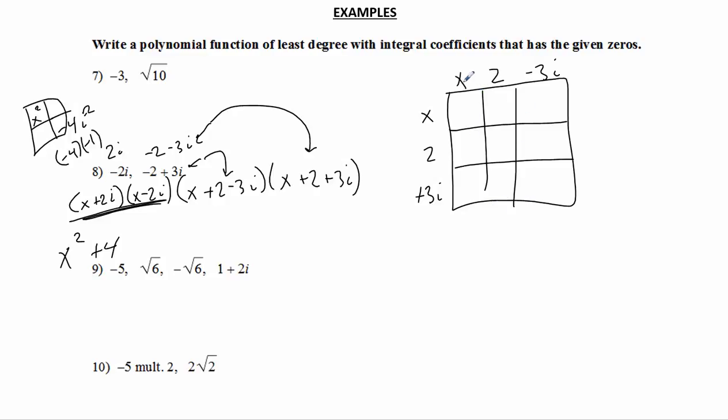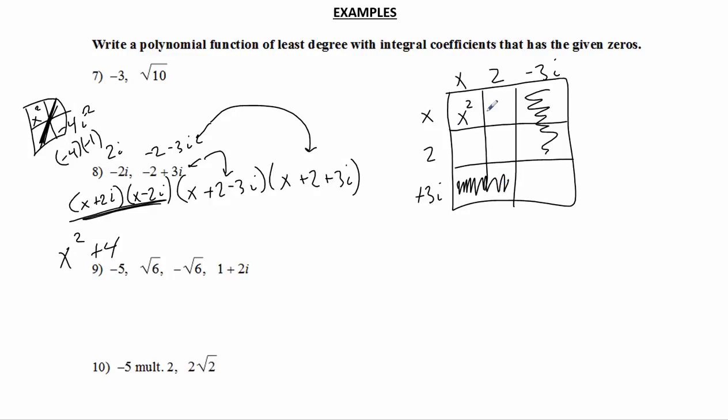When I'm multiplying trinomials, whether it be with i's or with roots, and we'll get to roots down here on number 10 and 9 and so on, what happens is, when I have a 3 by 3 box, these squares are going to cancel. Just like in my 2 by 2 box, these squares here cancel because the opposites are going to cancel. So these 2 squares here and these 2 squares here actually cancel, so you don't actually have to multiply anything in those.